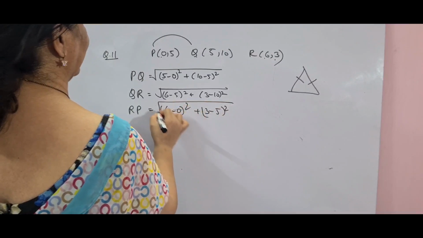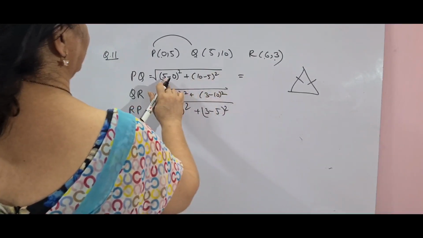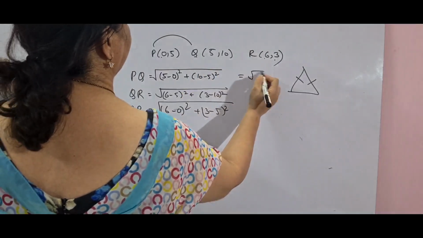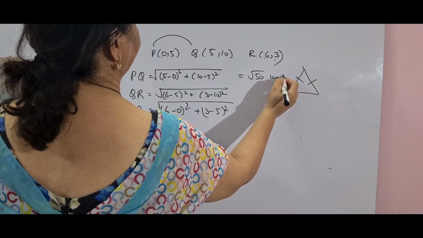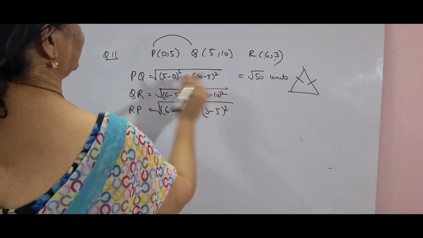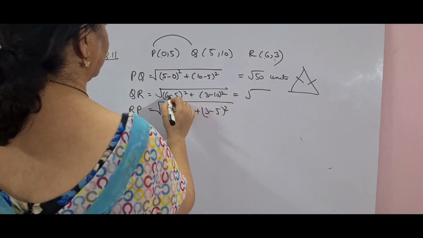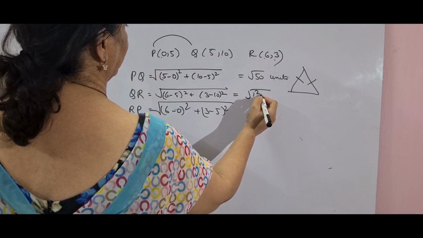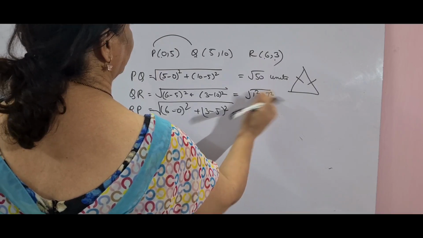Let me find out whether I get the same answer. I got 25, and 10 minus 5 again 25, so this is root 50 units. 5 square plus 5 square. Again I will go for the second one: 6 minus 5, 1 square, 3 minus 10, 1 square plus 7 square, again 50 units.